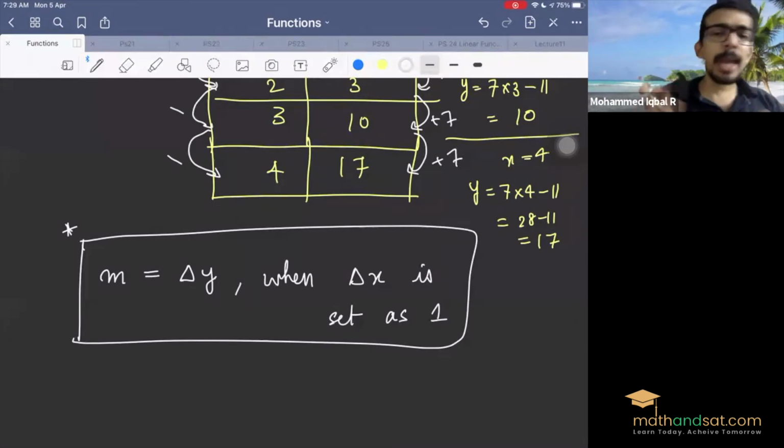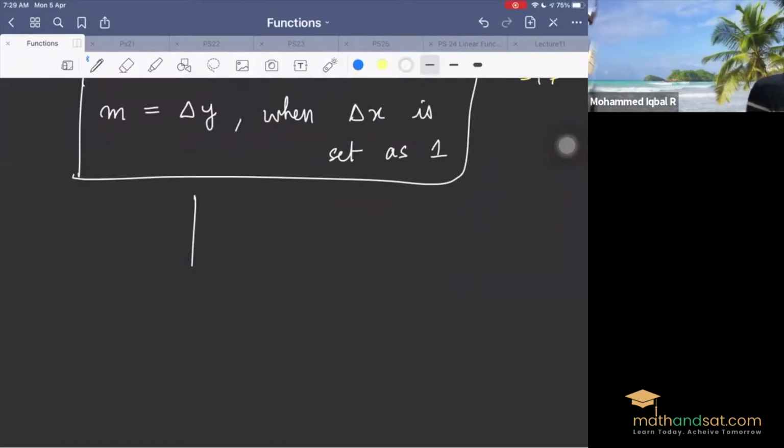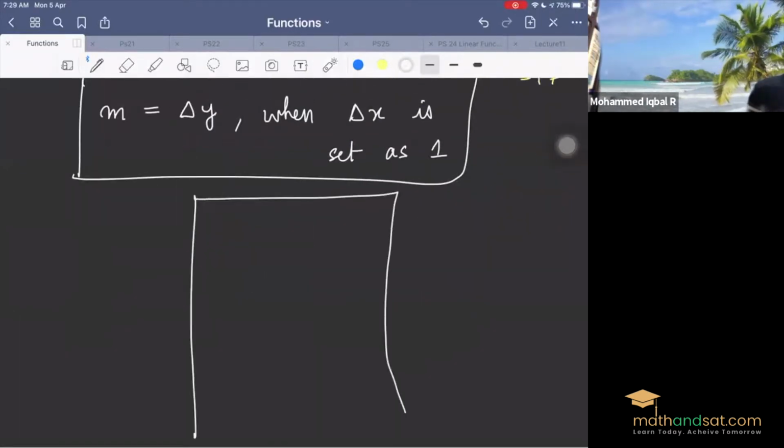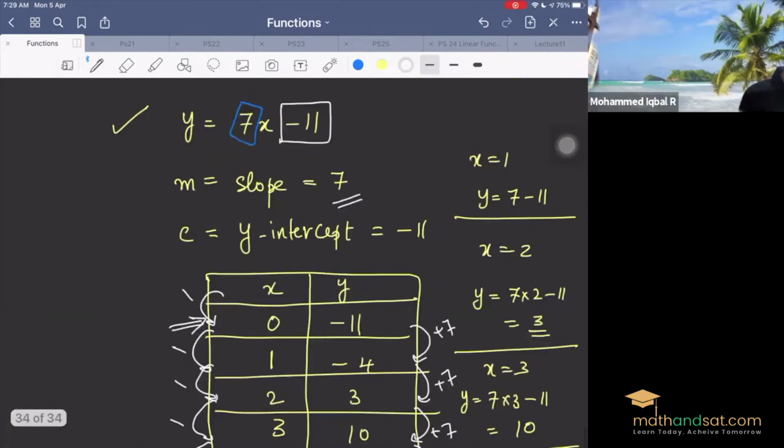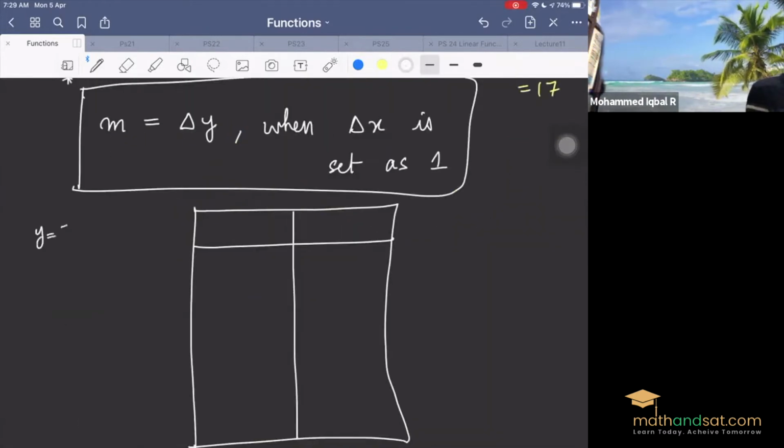Now what happens if delta x is not 1? Let's see that as well. Suppose the delta x value is not 1. We are going to take the same function, which is y is equal to 7x minus 11.